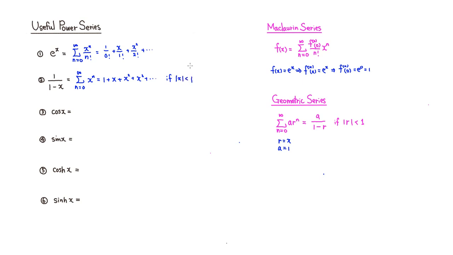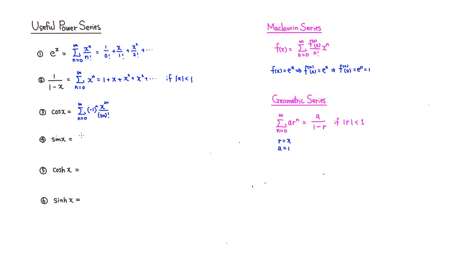The cosine of x and sine of x can be found using the same technique, the Maclaurin series, and it comes down to this. For cosine, you have a summation, n goes from 0 to infinity. Since cosine goes up and down, it's alternating, so negative 1 to the n. Cosine is an even function, so you have x to the 2n over 2n factorial.